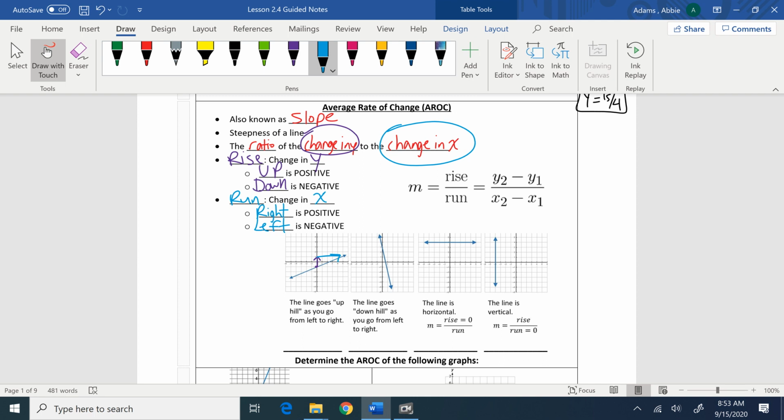So in this case, the slope of this line, or the average rate of change of this line, is positive. Let's look at the next one though. If I'm going from point 1 to, let's just say, point 2 here, I'm going to go down. Well, down is a negative motion, but we're still going to the right. So now I've got a negative divided by a positive. That's going to be negative. So this is a negative slope.